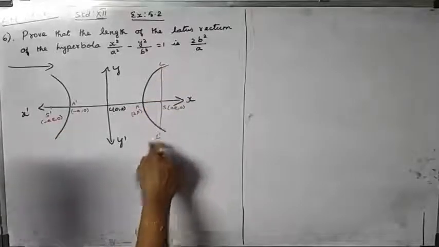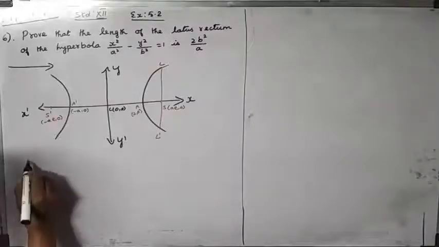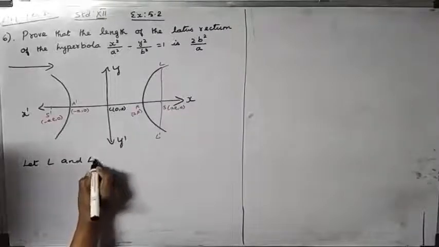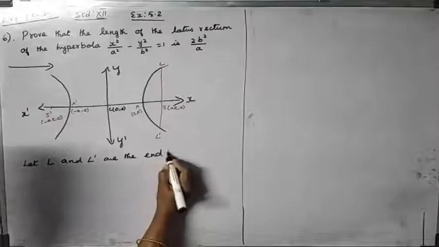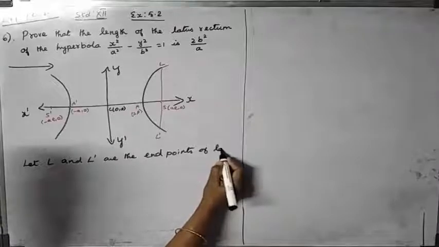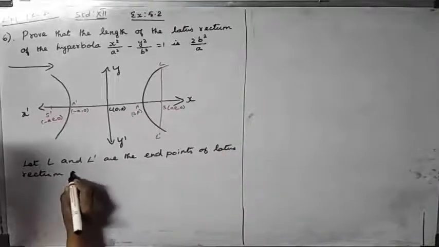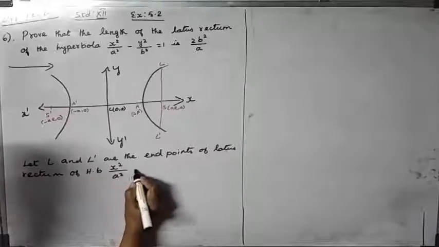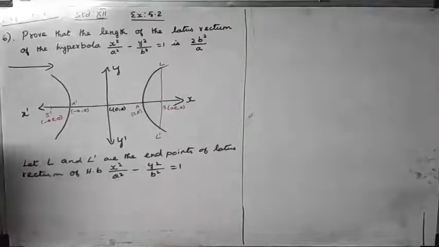Now let us find this L and L dash. So let L and L dash be the end points of the latus rectum of the hyperbola x square by a square minus y square by b square is equal to 1.